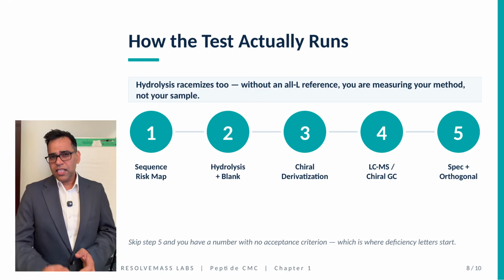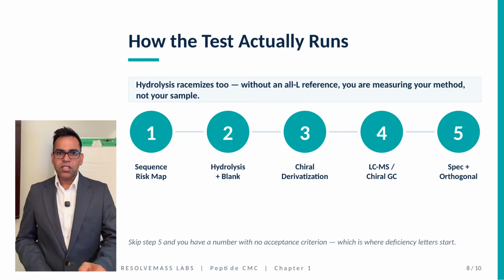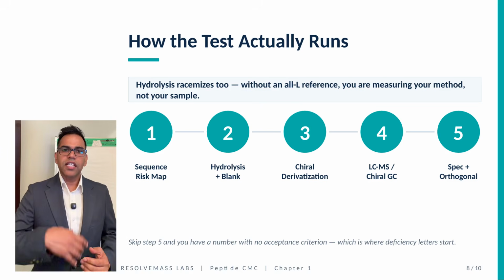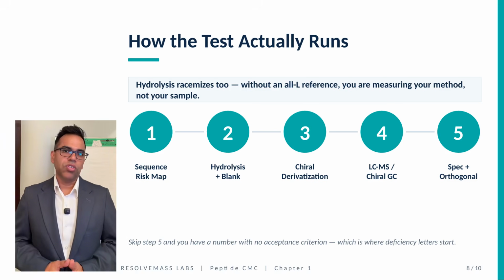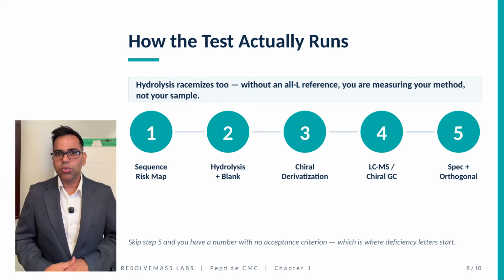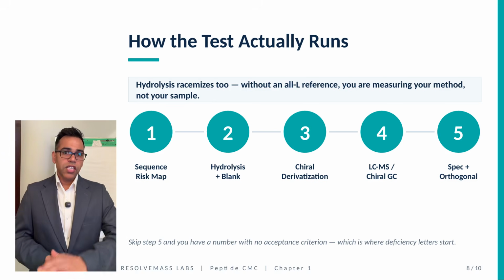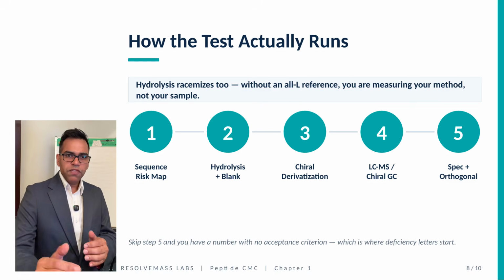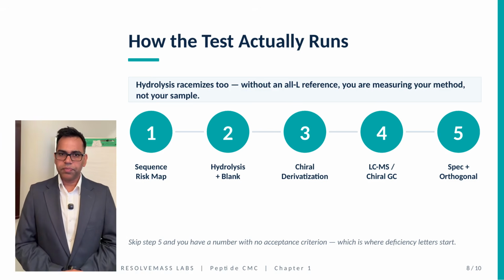Stage 3 is chiral derivatization: Marfey's reagent or a chiral thiol with OPA turns each D and L pair into separable diastereomers. Stage 4 is LC-MS or chiral GC to quantify the D fraction residue by residue. Stage 5 is the one people forget: set a specification and support it with an orthogonal intact peptide method.